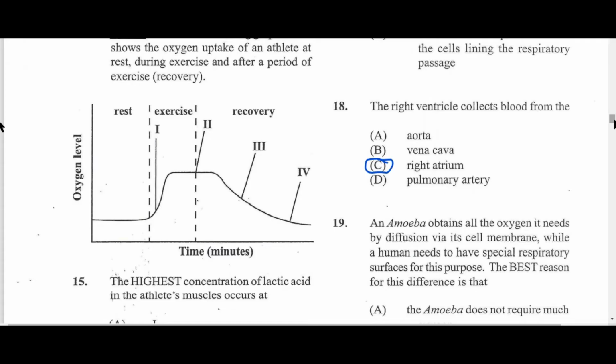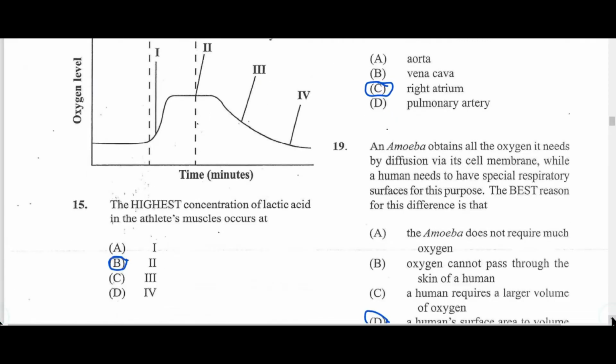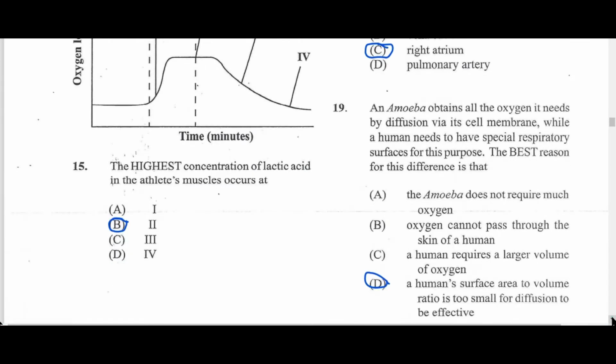Now the highest concentration of lactic acid in the athlete's muscle occurs where? Here we would find the lactic acid buildup taking place just at the end of exercise, where a whole lot of oxygen is being used up. So I chose B to be the answer for question 15.